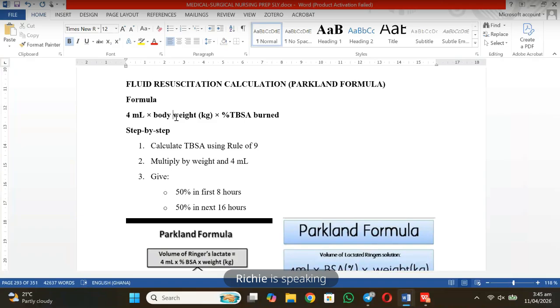So the weight of the patient is 70. The burn surface area is 20. What amount of fluid will you use to resuscitate in the first 8 hours?